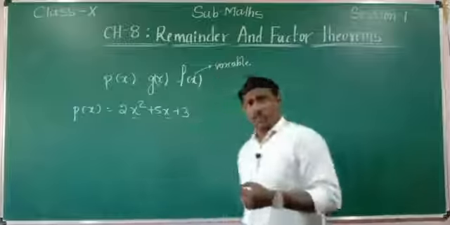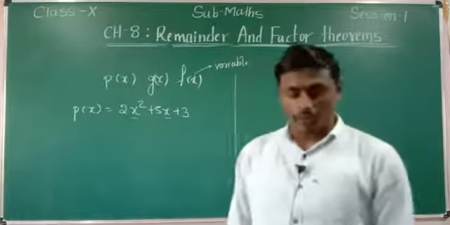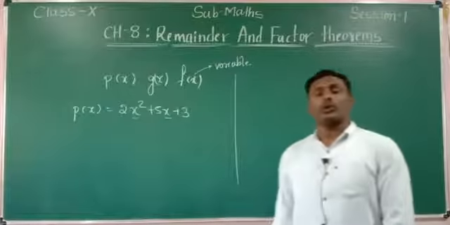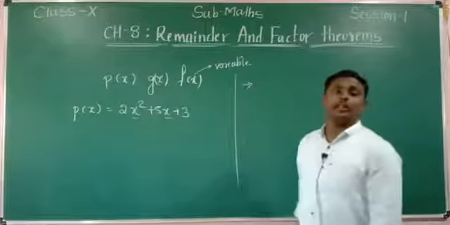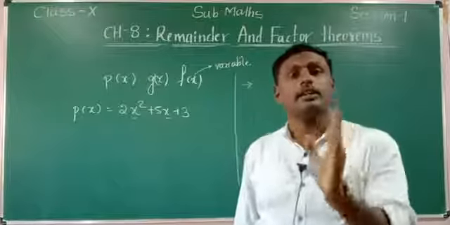So generally algebraic expressions are called polynomials, and how can you identify polynomials? There are two conditions in which we cannot consider an expression a polynomial.